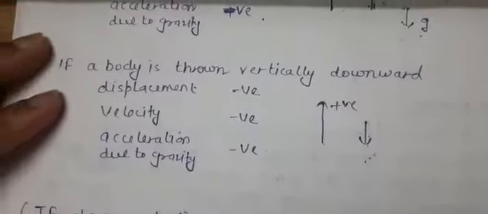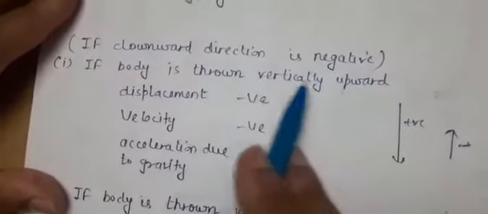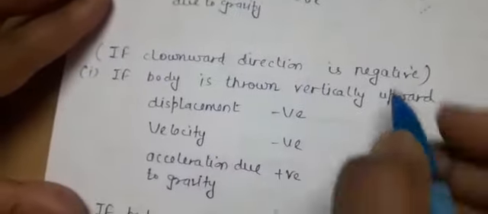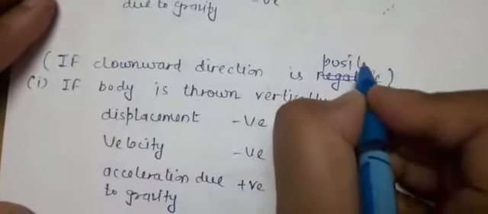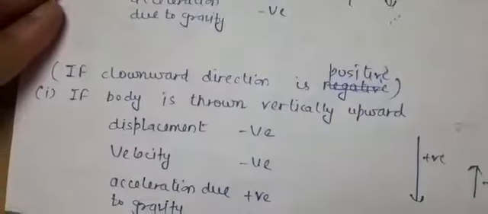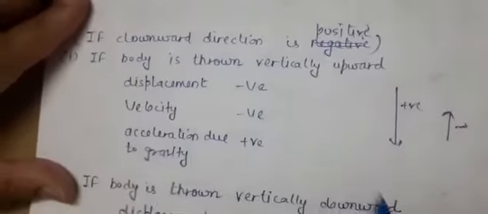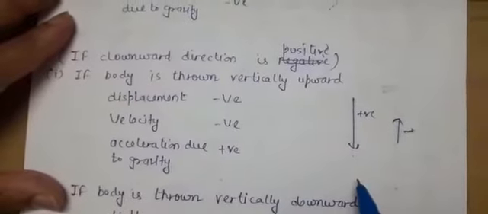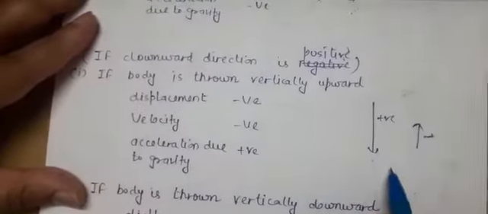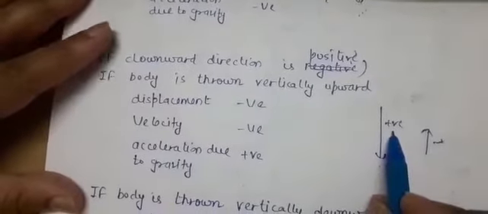Now let me take one more convention, that is, if we consider downward direction to be the positive direction. So in that particular case, if the body is thrown vertically upward, as downward direction is our standard direction, this direction supports the direction of acceleration due to gravity.